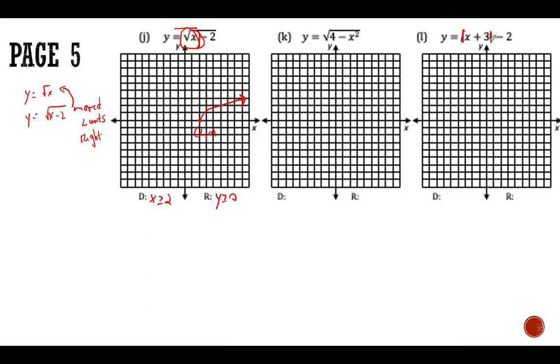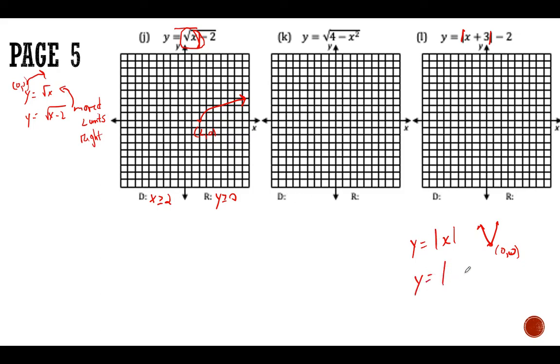This is an absolute value graph. So y equals the absolute value of x looks like this, with the vertex at 0, 0. Over here I should have drawn the square root of x, looks like that. The kind of elbow point at 0, 0, and it's moved 2 units right.